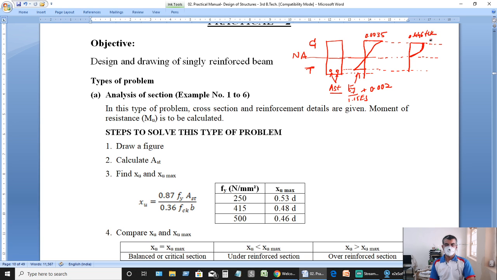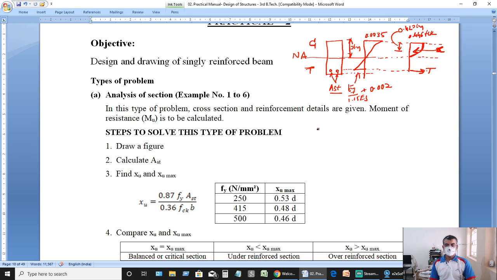The value is 0.446 FCK, and this is the C force that will act at the center of gravity at a distance of 0.42 into XU, where XU is the depth of neutral axis. Similarly, we have the T over here.